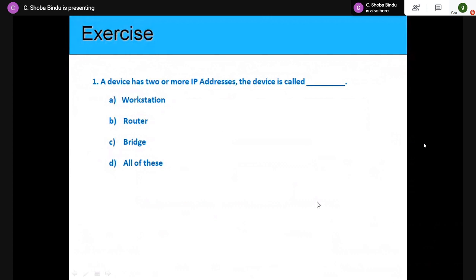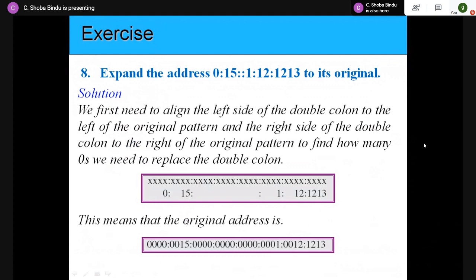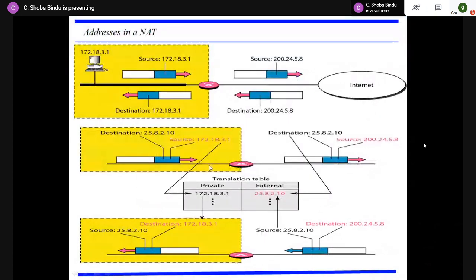Now we'll have a simple exercise. A device has 2 or more IP addresses, then the device is called what? We have seen that the router is given 2 addresses. One is connected to the rest of the internet, so for that it requires one IP address, and the other is connected to this network, so it requires one IP address here.